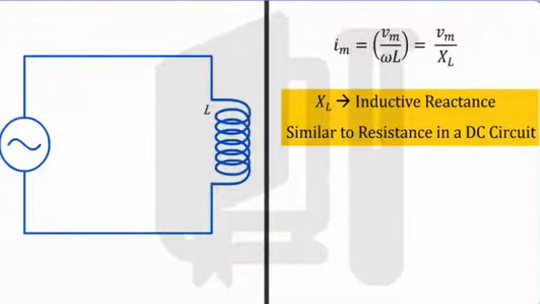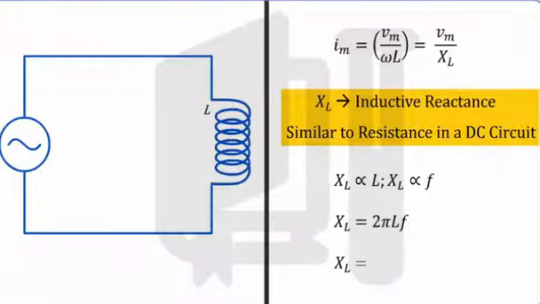This inductive reactance is directly proportionate to the inductance L of the circuit and the frequency of the current or voltage. Inductive reactance is equal to 2 pi Lf, which is equal to omega L, since 2 pi f is equal to omega.